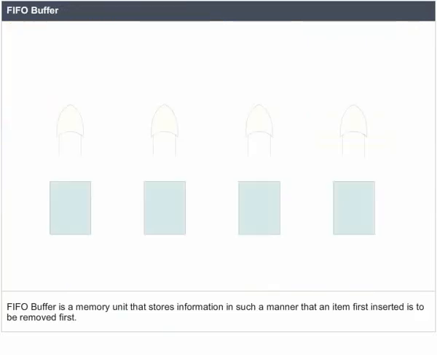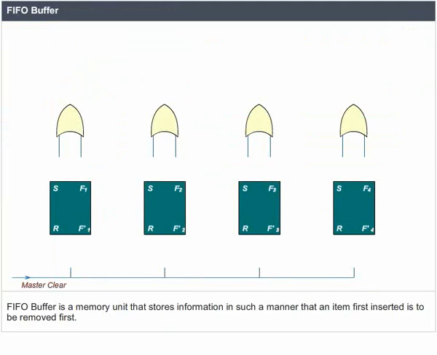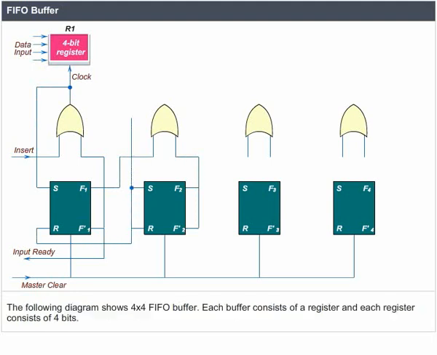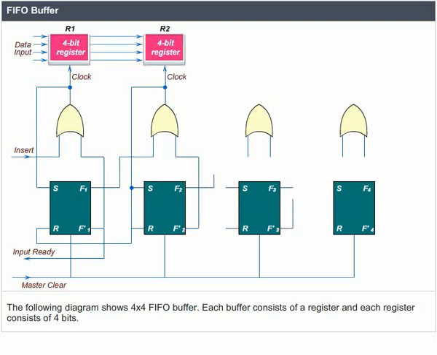FIFO buffer. A FIFO buffer is a memory unit that stores information in such a manner that the item first inserted is removed first. It consists of separate input and output terminals, and each operates in a different mode. The following diagram shows a 4x4 FIFO buffer. Each buffer consists of a register and each register consists of 4 bits.